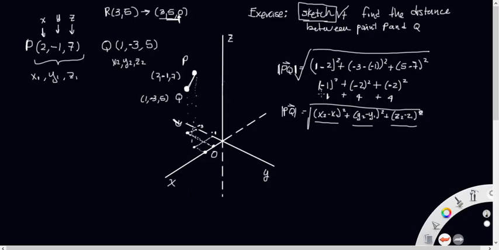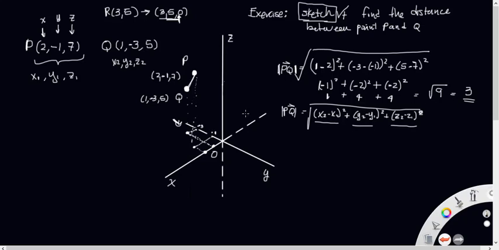Taking the square root of this, 4 plus 4 is 8, and plus 1 equals 9. Remember that we have this square root here, so we are doing the first operations according to the hierarchy. So this equals the square root of 9. Simplifying this, the distance between point P and Q equals 3.